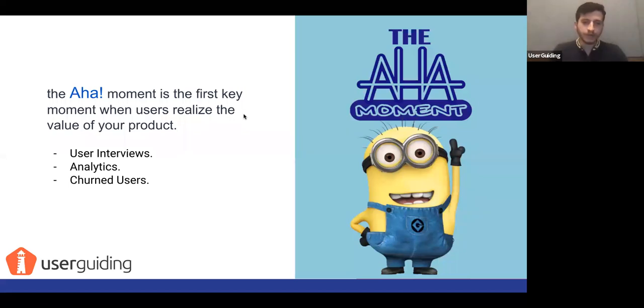Now, how to discover them? You can start with the user interviews. So you have current customers, let's say. If you're new, you probably don't have, so you will check more of the analytics metrics that matter to you, the product metrics. When you interview your current active users, you will be able to know what features they are more interested in, and what was their first impression when they first used your product.